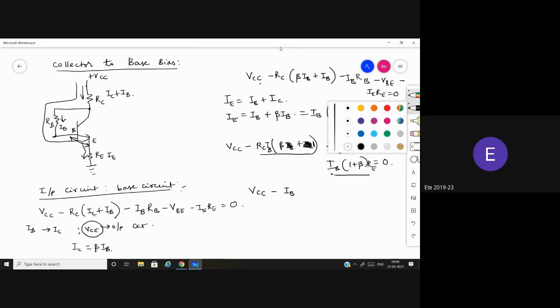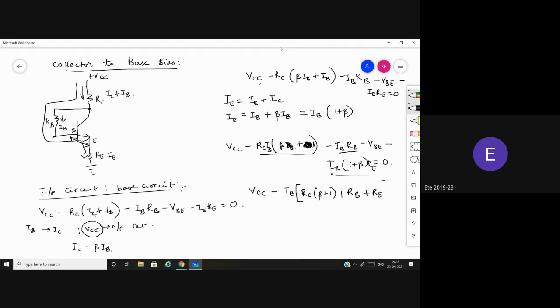So when I take IB common, it becomes RC into beta plus 1, plus RB plus RE minus VBE is equal to 0. So RE into beta plus 1. Here again only 1 plus beta we are having.